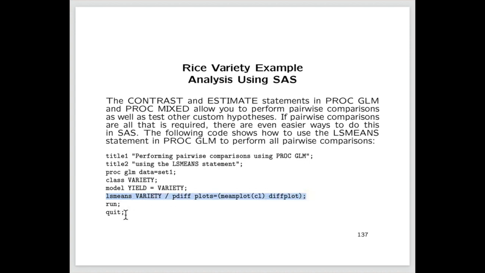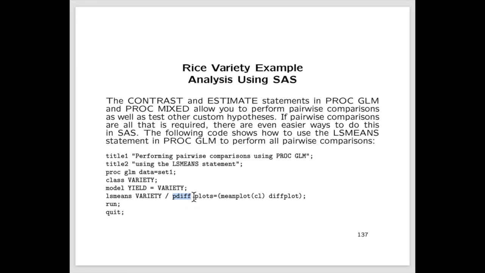All right, so ls means variety, being the classification variable that identifies the different groups or populations. And then after the forward slash, we issue the pdiff option, and what that tells the ls mean statement to do is to produce the p-values for the pairwise comparisons.